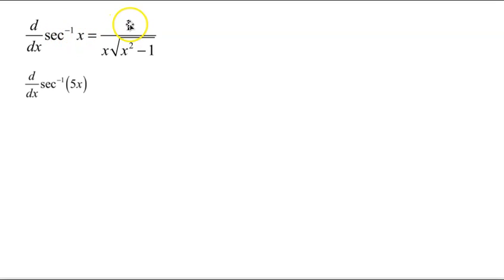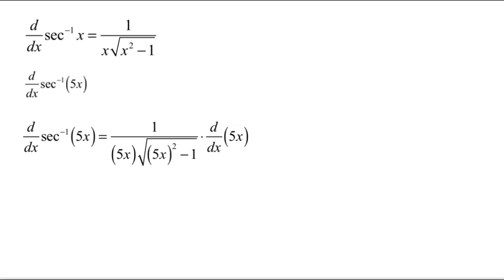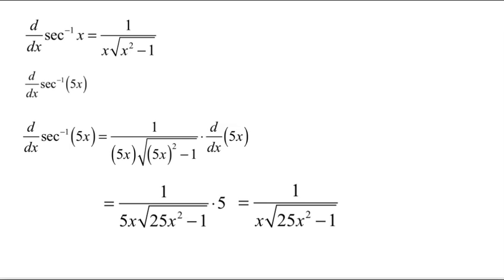Derivative of inverse sec of something is 1 over something times the square root of something squared minus 1, times the derivative of something. So (5x) squared is 25x squared. This is just 5x. The derivative of 5x, of course, is 5. And notice how this 5 and this 5 would divide out. So we get our final answer of 1 over x times the square root of 25x squared minus 1 to be the derivative of the inverse secant of 5x.